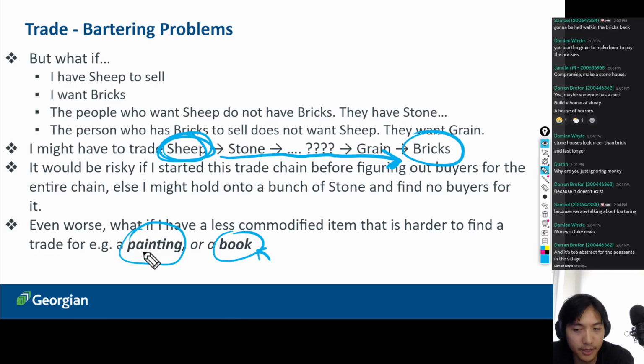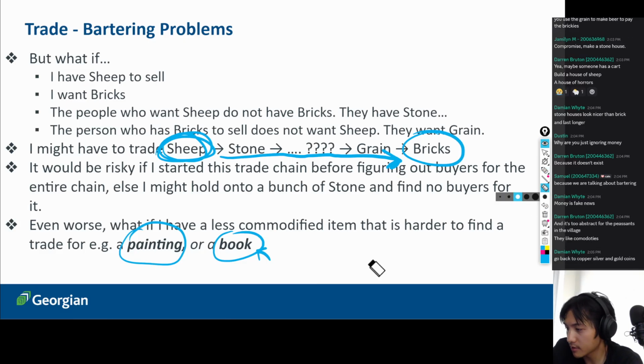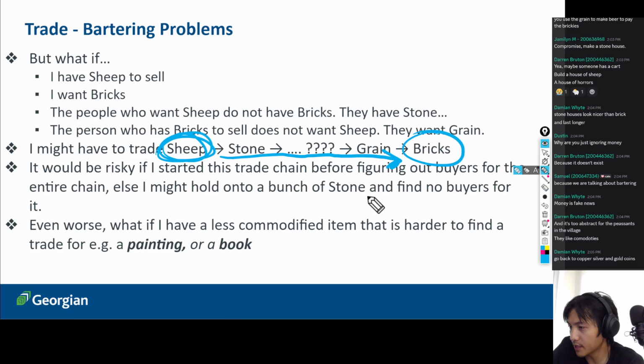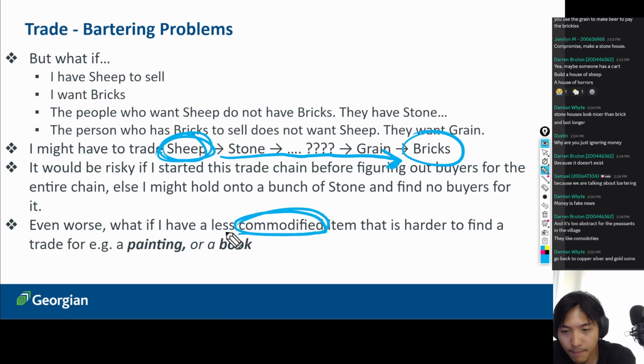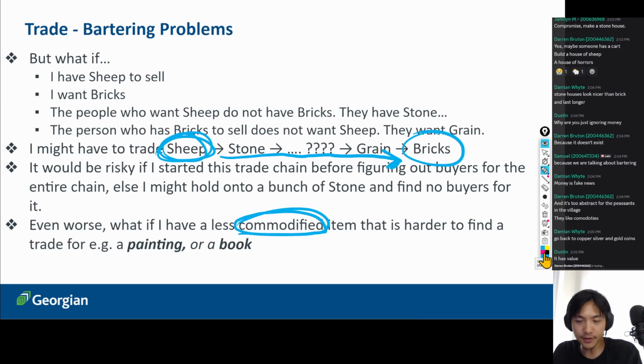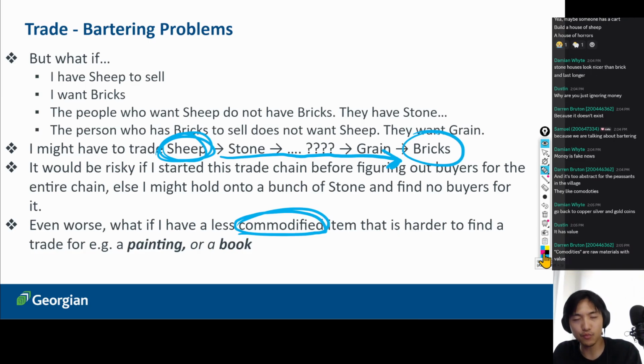These are not commodities. Does anyone know what it means for something to be a commodity? A commodity is something that is relatively uniform and has relatively uniform value.